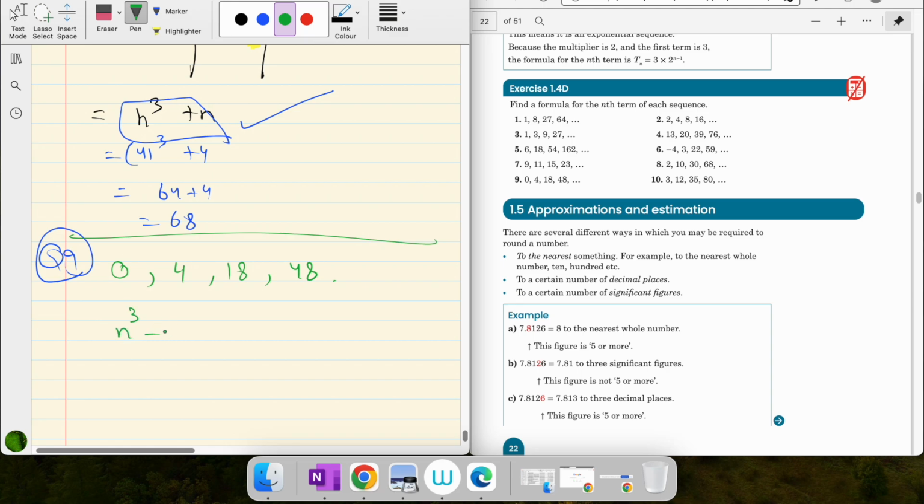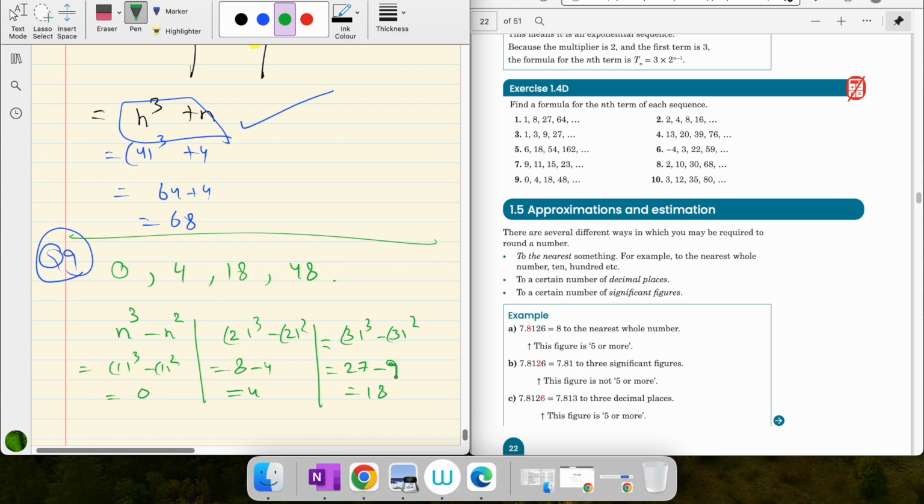Okay, let's try this. N cube minus n square. So this is 1 cube minus 1 squared which is 0. For the second one, this is 2 cube minus 2 square is 8 minus 4 is 4. And the third one is 3 cube minus 3 square. 27 minus 9 is 18.